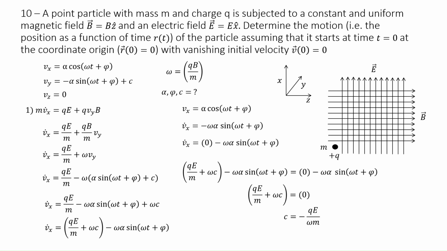We can rearrange this to get c equals minus qE over omega m. If we rearrange our omega, as you can see above here, we get B equals omega m over q, which is almost what we have at the bottom. Rearranging, we get c equals minus E over B.